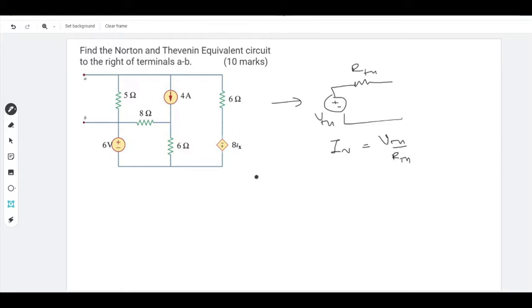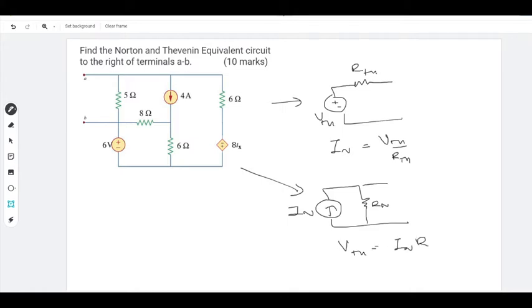If you prefer to do Norton, then you will have I Norton and R Norton, and then you find your VTH by using VTH equals I Norton multiplied by R Norton.